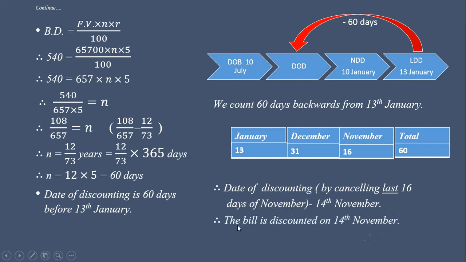So the bill is discounted on 14th November. When we have to count backwards, we have to count from last. Cancelling last 16 days of November, we get 14th November. So the bill is discounted on 14th November.